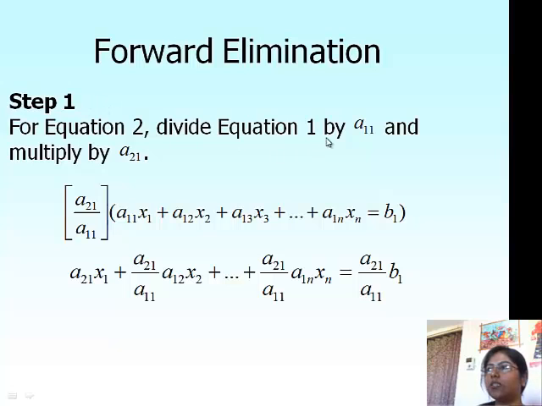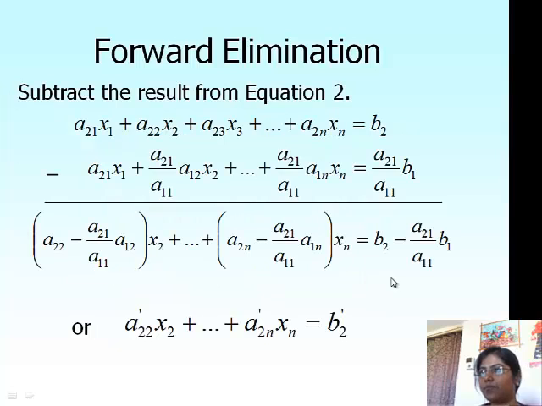For equation 2, divide equation 1 by a11 and multiply by a21. Performing this, we have a21 upon a11 into a11 x1 plus a12 x2 plus a13 x3 plus up till a1n xn equals b1. So here we get a21 x1 plus a21 upon a11 a12 x2 plus up till a21 upon a11 a1n xn equals a21 upon a11 into b1.